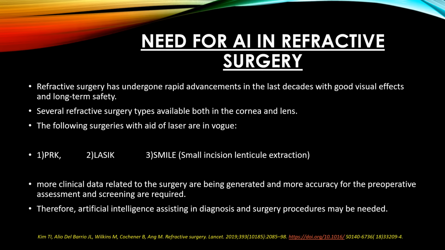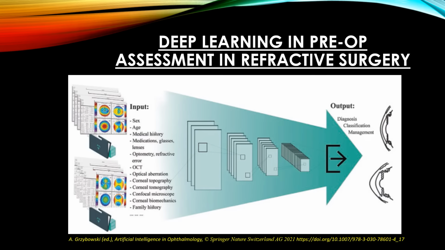So more and more amount of clinical data currently is being generated related to these kinds of surgeries, and we need more accuracy for the pre-operative assessment and screening. So therefore, artificial intelligence here assists in diagnosis as well as helps in the surgery procedures, like deep learning, how we do the pre-op assessment in refractive surgery.